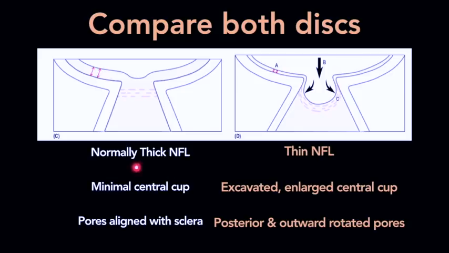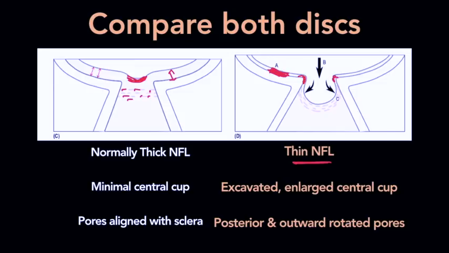Normally there is a thick nerve fiber layer with a minimal central cup, and the pores are aligned with the sclera. You can see a very thick nerve fiber layer and a minimal central cup. But compare it with a very advanced glaucomatous damage: there is thinning of the nerve fiber layer, which is thinned out or defective. You can see the neuroretinal rim is also thinned out.